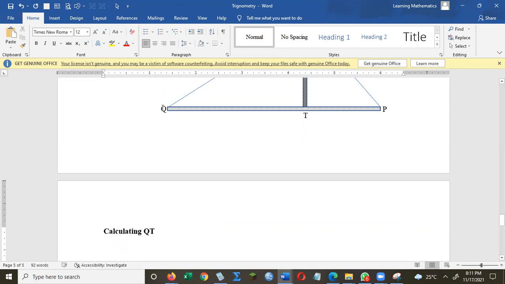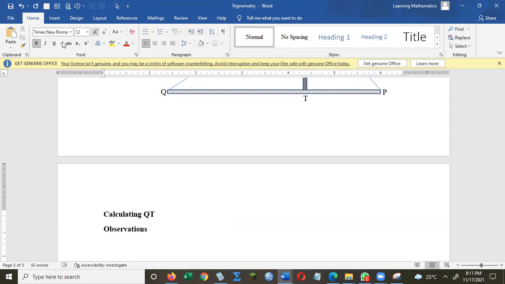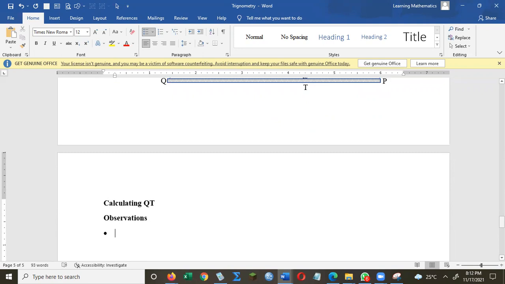So let's make some observations. We want to find QT, so let's talk about QT. When you're observing, always, first and foremost, talk about what you want to find.